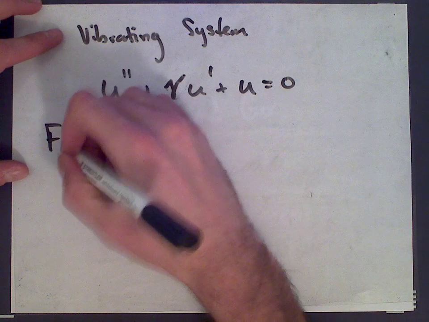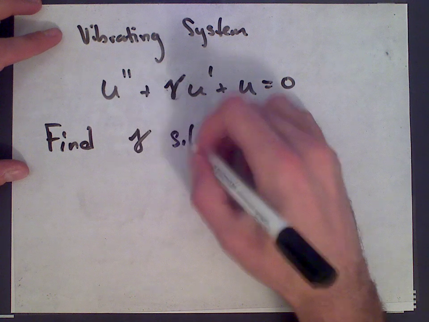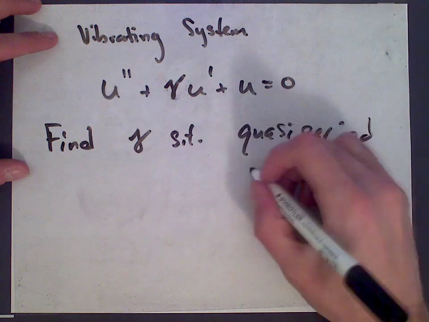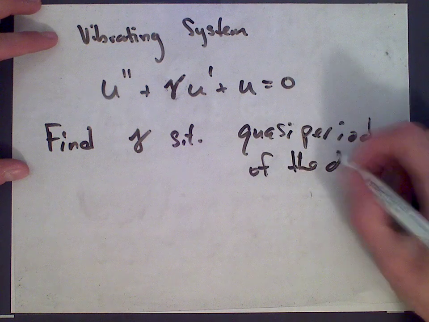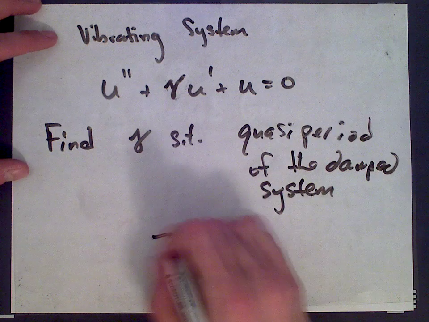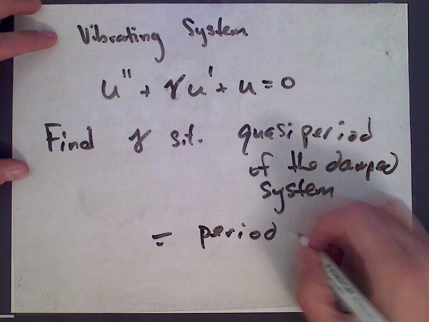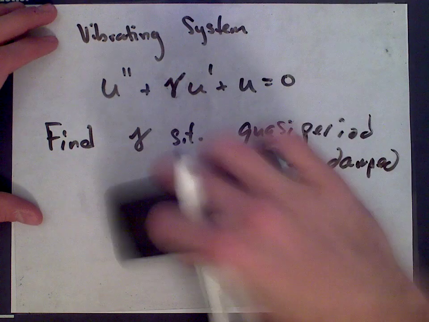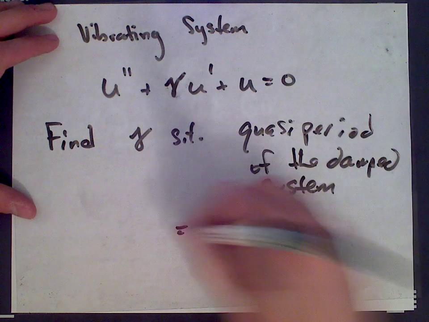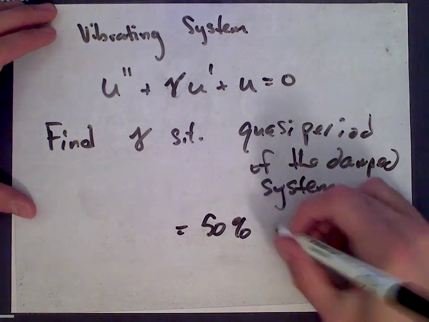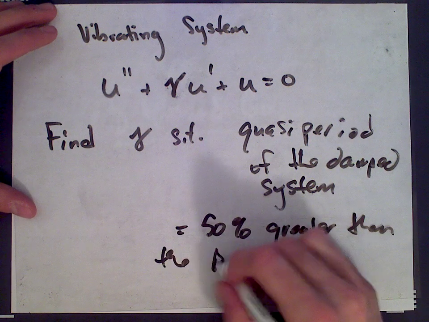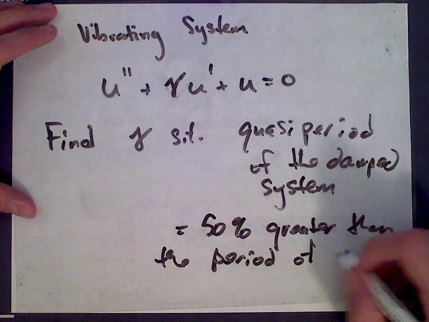So we want to find gamma such that the quasi-period of the damped system above equals the period of, so it's actually 150%, so it is 50% greater than the period of the undamped system.